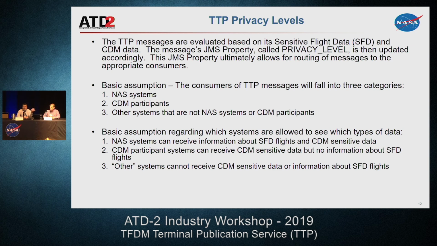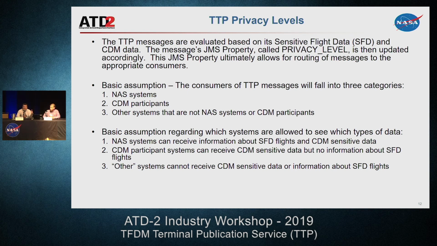So basically there are three classes of users, and this is pretty much true of most systems, like TFMS as well. You have NAS systems, which can basically get everything. You have CDM participants, which, other than sensitive data, can get all the data elements. And now we have these other users, who are not an FAA system and not a CDM participant.